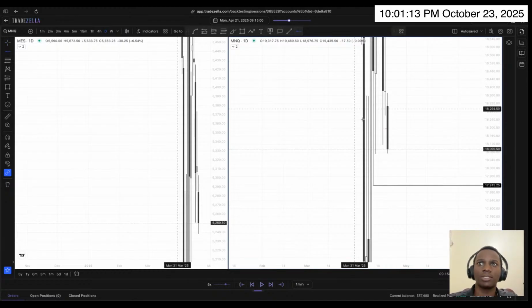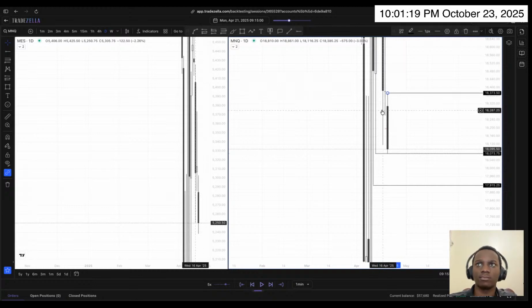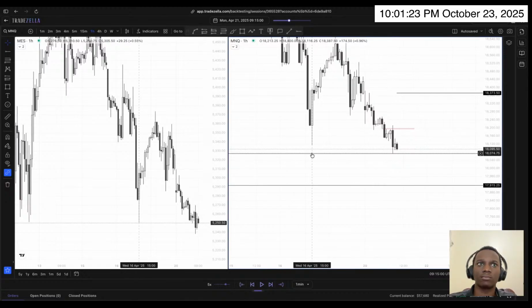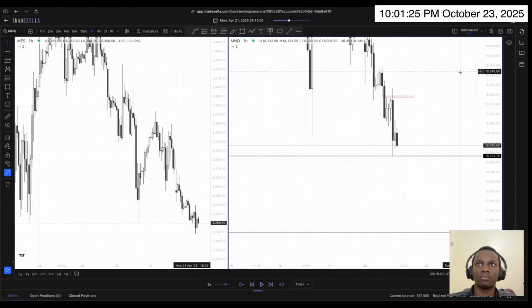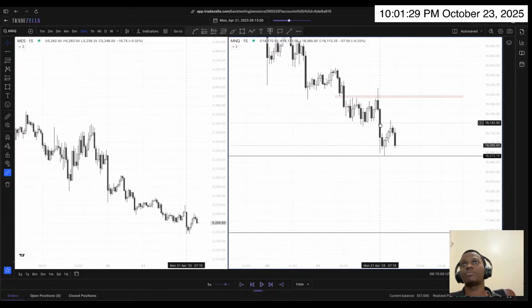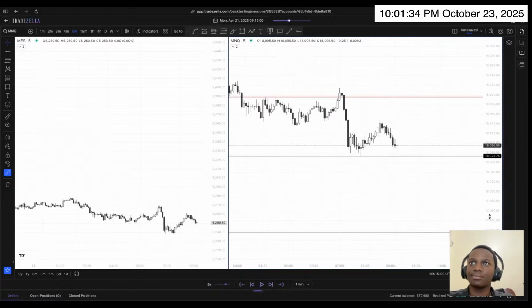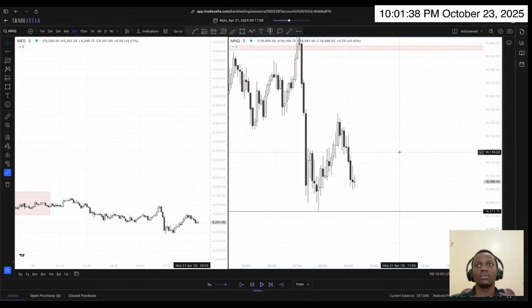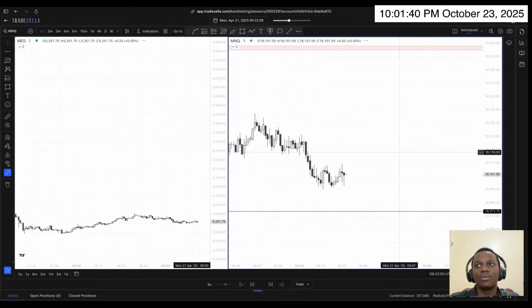I think we're probably heading to some daily lows. So this is a 15-minute retracement into a gap. Now I'm used to the open.